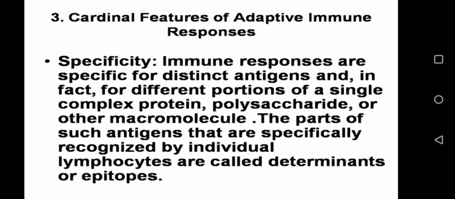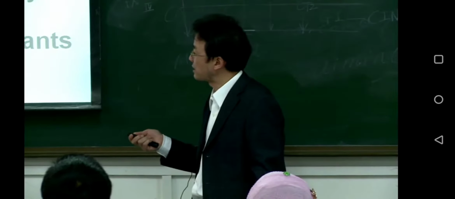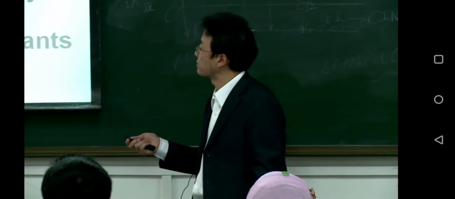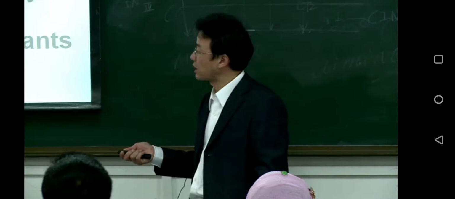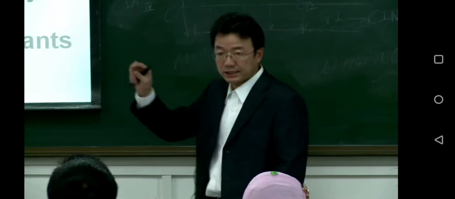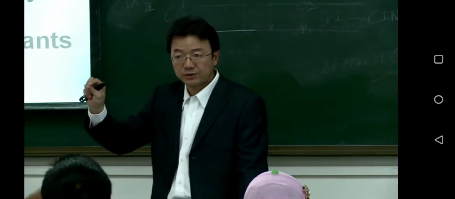In fact, for different portions of the single complex protein, polysaccharide, or other macromolecules, the parts of such antigen that are specifically recognized by individual lymphocytes are called determinants, or sometimes we call epitope. This is the clonal selection.